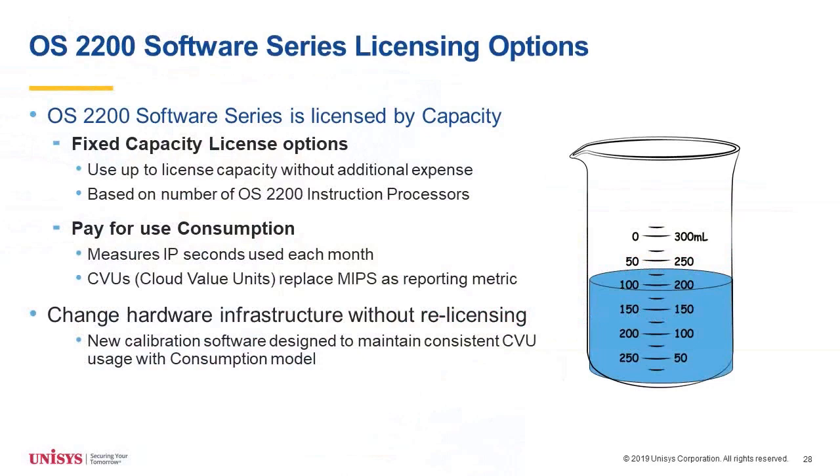We've got some new technology built into the consumption model that will maintain a consistent reporting metric as you change that infrastructure. So with the OS 2200 software series, you're in charge of how much processing you can get out and the response time you can realize through this choice of hardware.